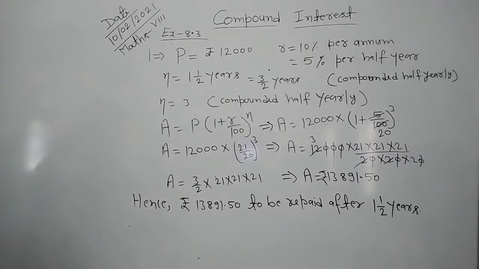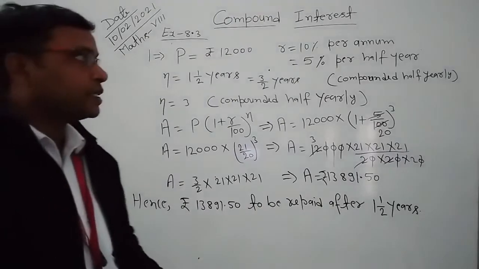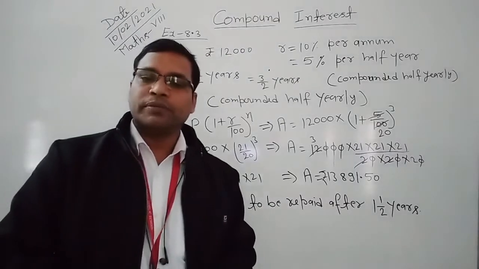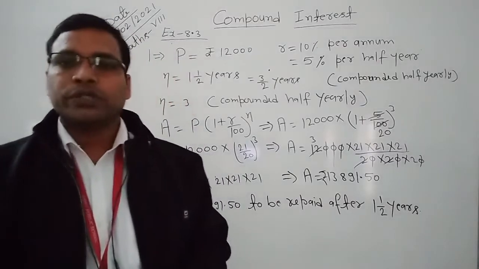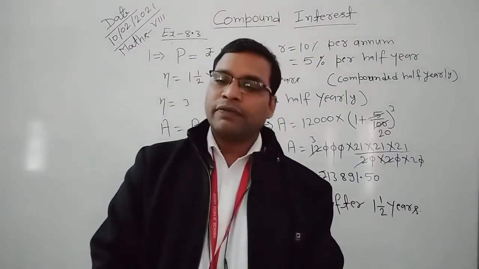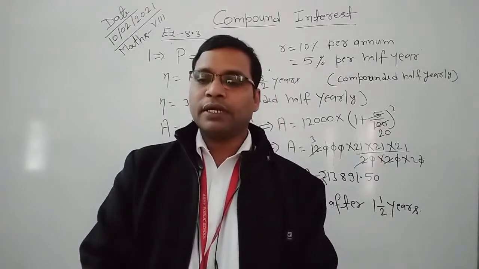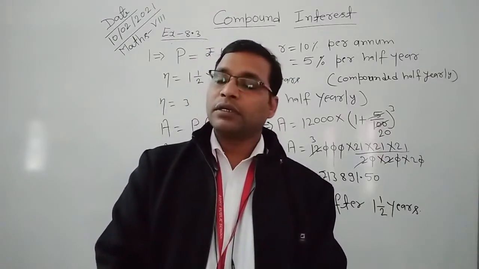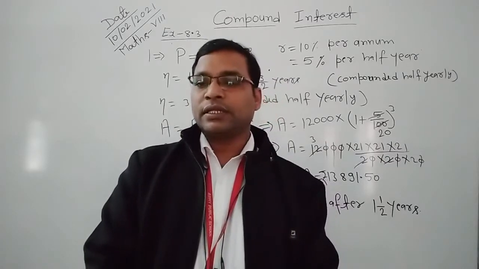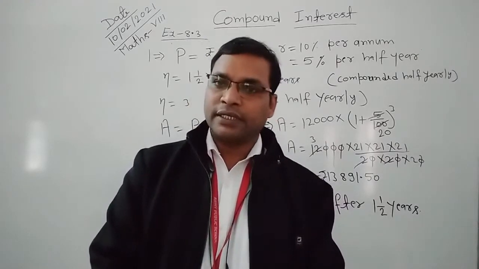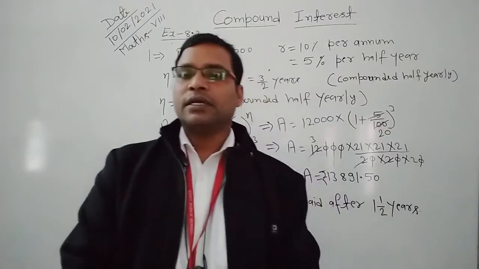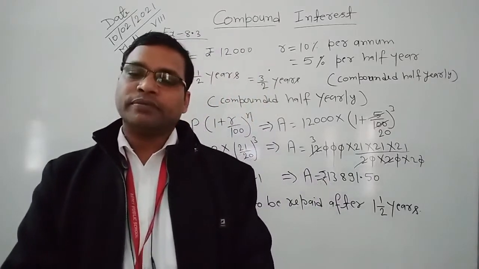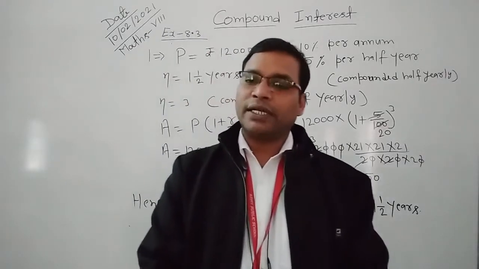Now we are going to discuss the next question. Question number 2: find the amount to be paid at the end of 6 months on 1,800 at 8% per annum compounded quarterly.